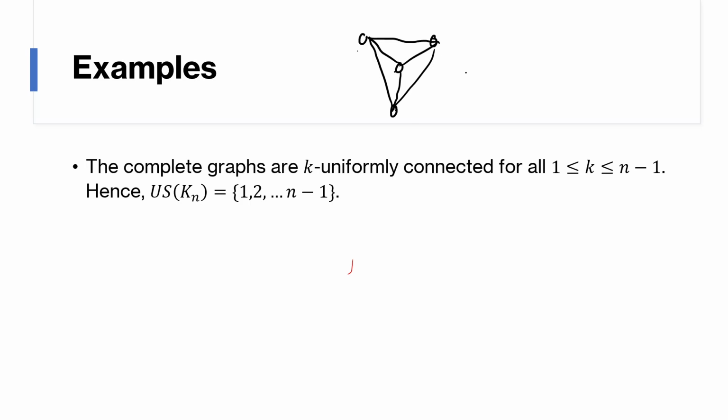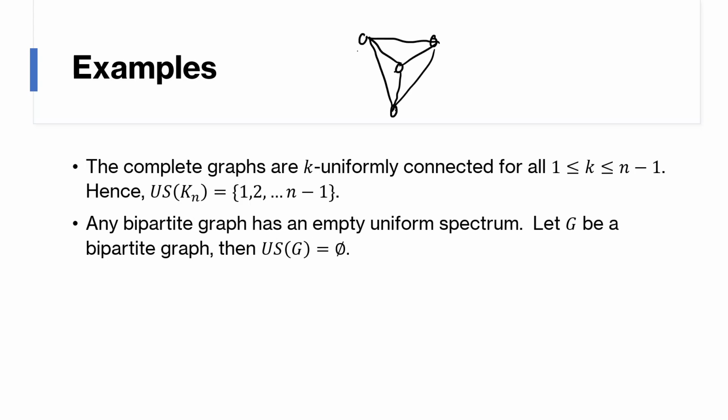There's a path of length 2 between them. There's a path of length 3 between them. And that's the case for any pair of vertices here. We can find a path of every possible length. So that means that complete graphs have a full uniform spectrum. Every possible k is in their uniform spectrum. And in fact, they are the only graphs that have full uniform spectrum like this.